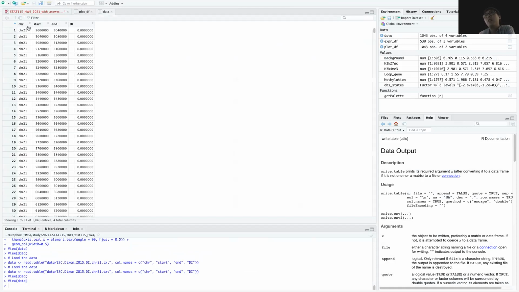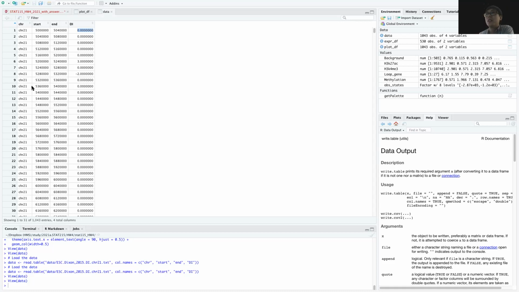Similarly, we have the genomic region: chromosome first, and then start point, end point. And we have this value called DI, the direction index. Regarding how we define this DI, you can refer to the link we also attached in the homework. But just imagine this is something we want to predict, or we want to bin on.